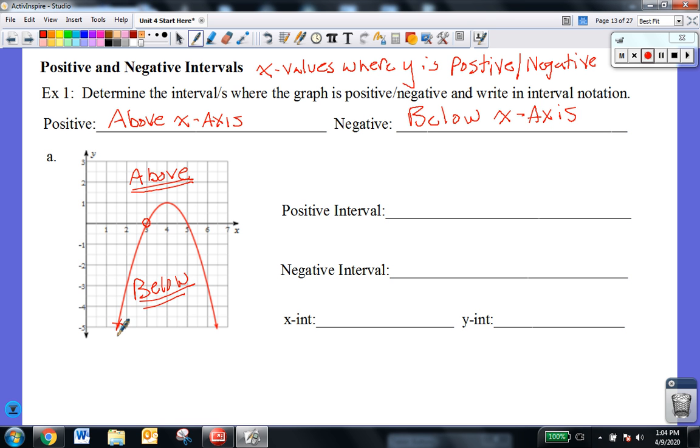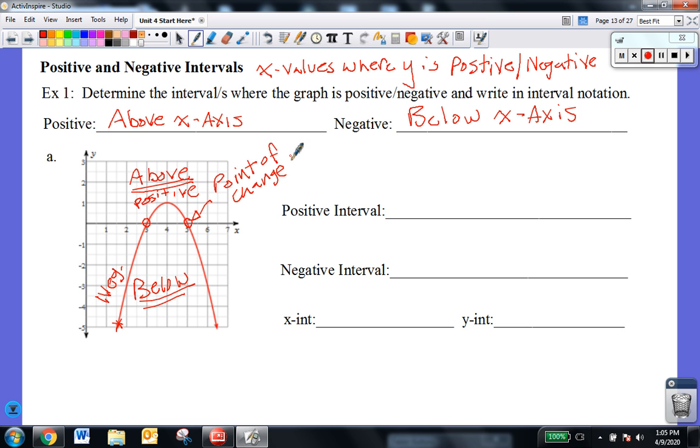It's going to be negative here. This is negative. And up here is going to be positive. And it changes to positive up here. And it goes back down from this point of change. This is going to be the point of change, located right on the x-axis.